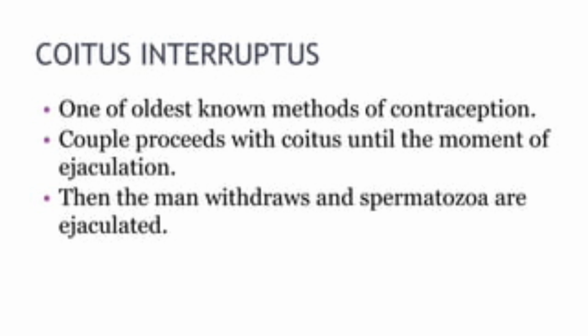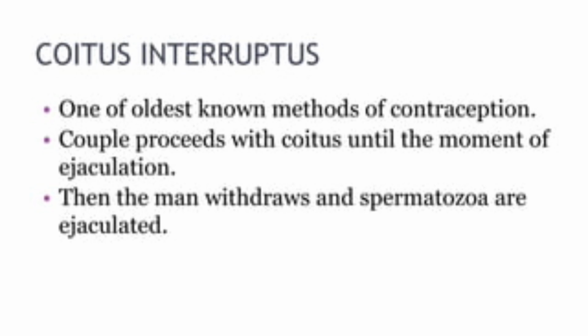But the chance of failure of this method is very high because of the presence of sperm in the pre-ejaculate. Pre-ejaculate is the liquid produced by the seminal vesicles and other glands. There is a chance that this pre-ejaculate contains a small amount of sperm that may lead to pregnancy.